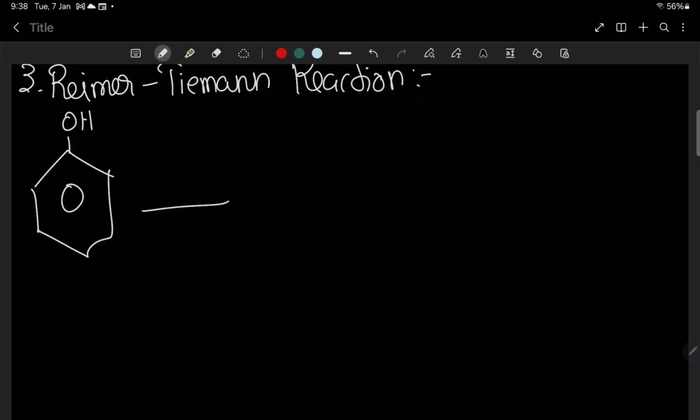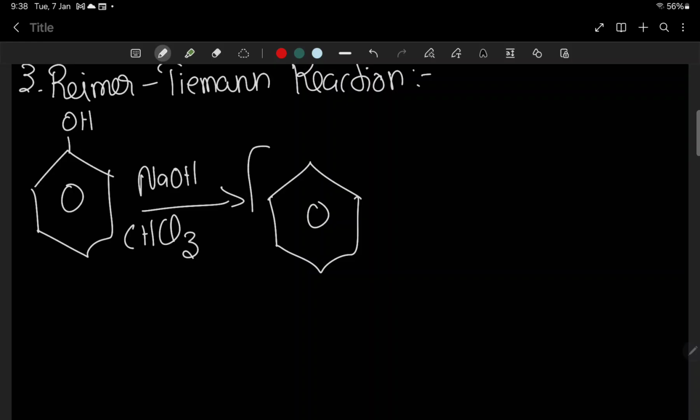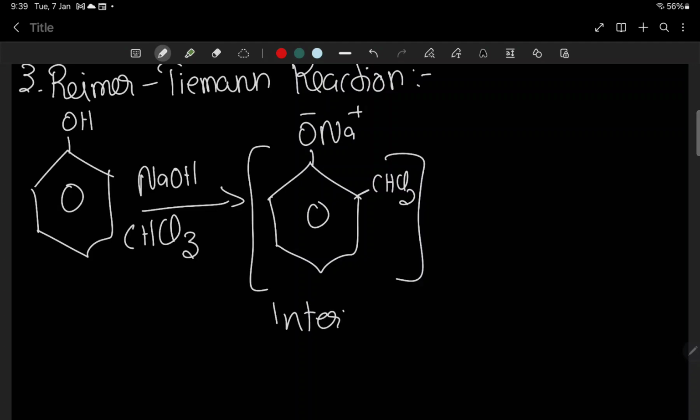So we have phenol, and we add NaOH and CHCl3, that is chloroform. We get an intermediate, O minus Na plus and CHCl2. If we need, we can separate this.